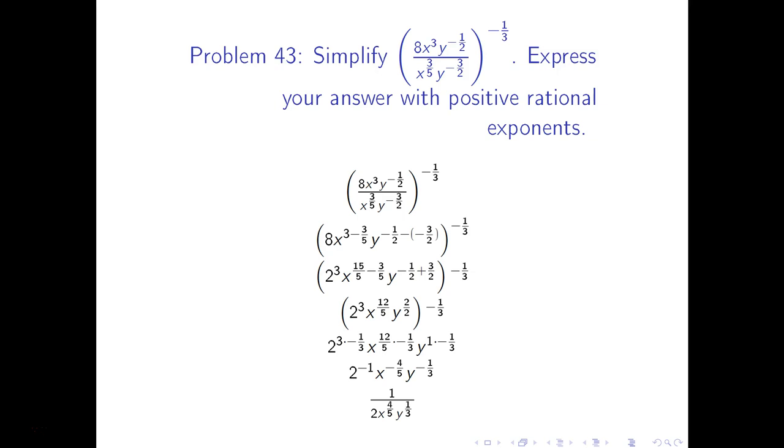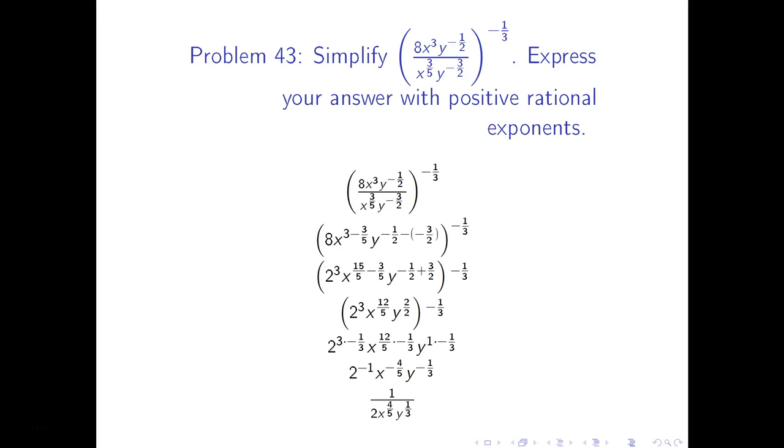And we have our answer, 1 over 2, x to the 4/5, y to the 1/3. So this is just exponent rules being amplified with fraction rules. So first and foremost, go back to your exponent rules. How do they work? How do I distribute things? How do I divide? How do I multiply, etc.